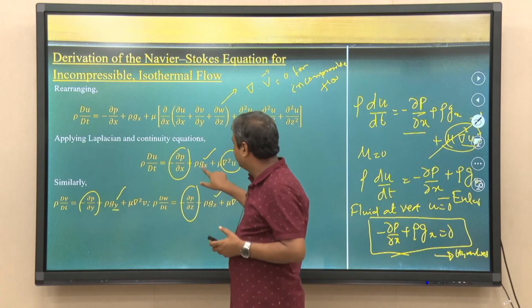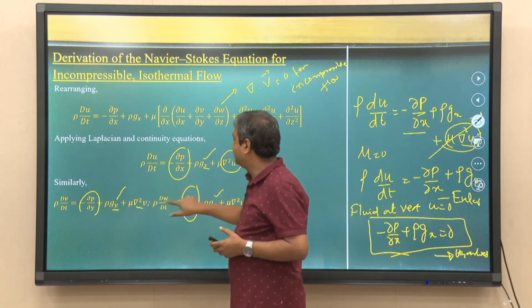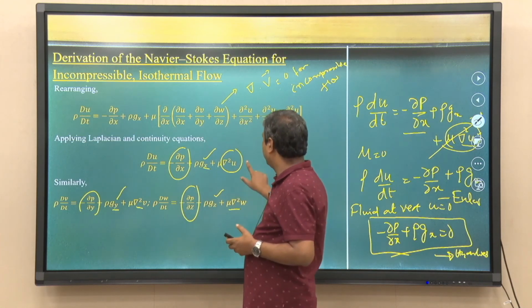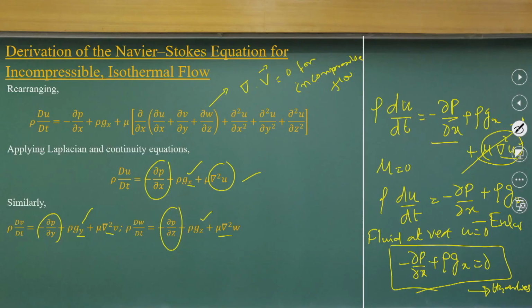This is the gravity force component, and these three force components come from the Laplacian operators of the scalar fields u, v, w, representing the viscous terms.